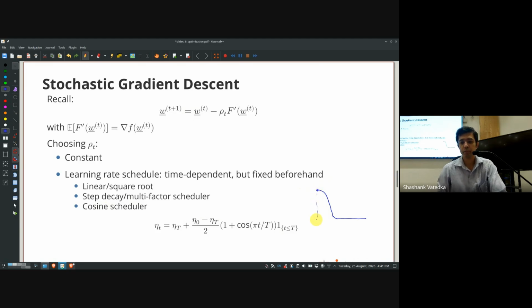This is t equal to 0. This is at t equal to some capital T, which is fixed beforehand. Beyond that point, the learning rate is fixed. So this is another scheduler which seems to work well in practice. All of these are just heuristic ways of choosing the learning rate.